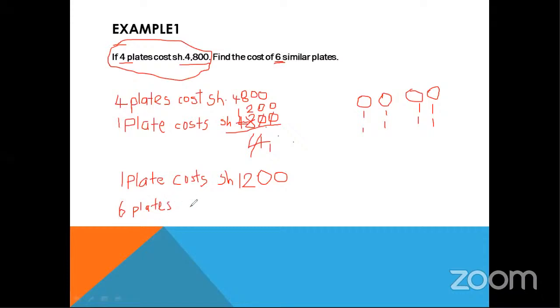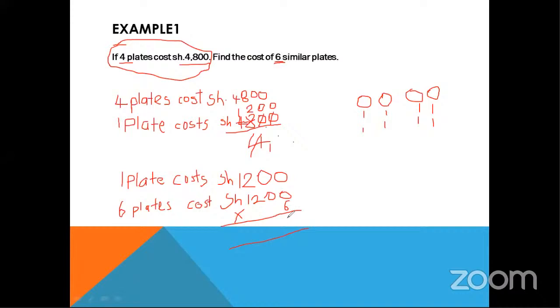So 6 plates cost, here you now multiply, 1,200 shillings times 6. So you put your equal sign down here, then you start multiplying 6 times 0. I know you know the answer. Tell me, I can't hear you.